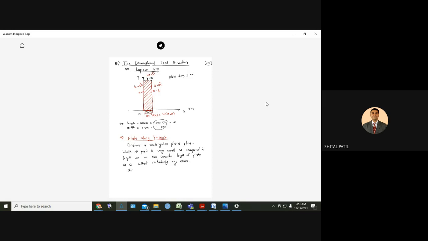Suppose the plate is placed along the y-axis as shown in the figure.